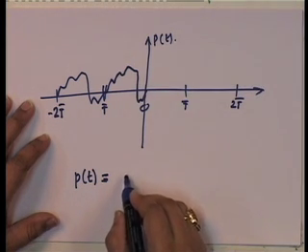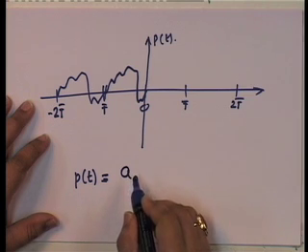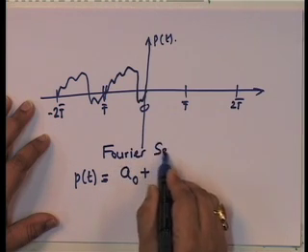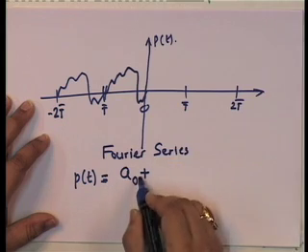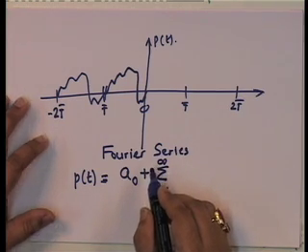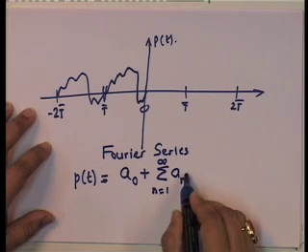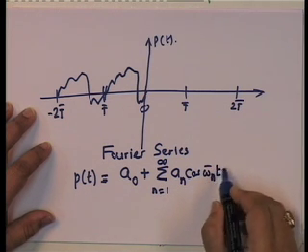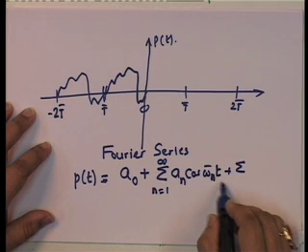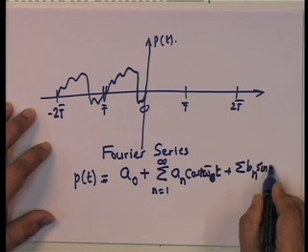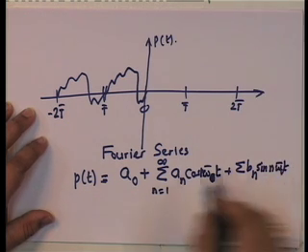The Fourier series is of the following form: A 0 plus the summation, n going from 1 to infinity, of a n cosine n omega bar 0 t plus b n sine n omega bar 0 t.